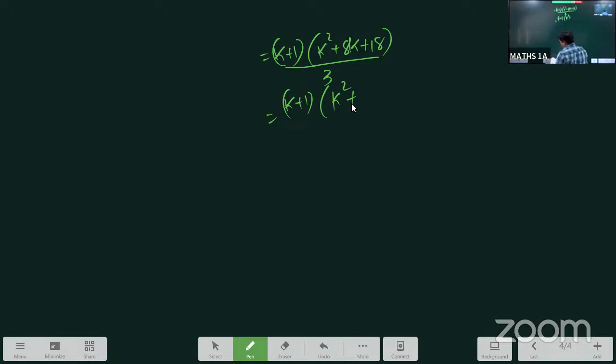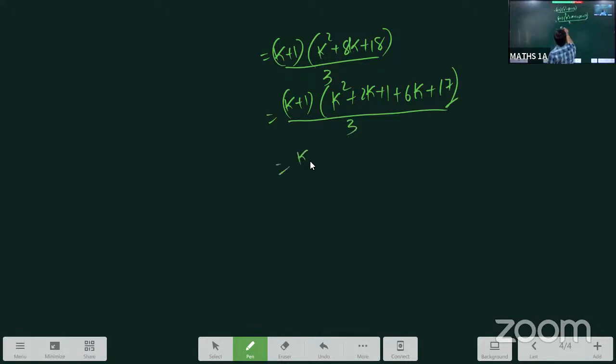Now k plus 1 into, here I will write k square plus, wherever you get n, there you should get n plus 1. So k square plus 2k plus 1. I wrote it separately. From 8k, I separated 2k, then what I will get is 1 more 2k. And from 18, I separated 1, so what I get is 7. Whole divided by 3.